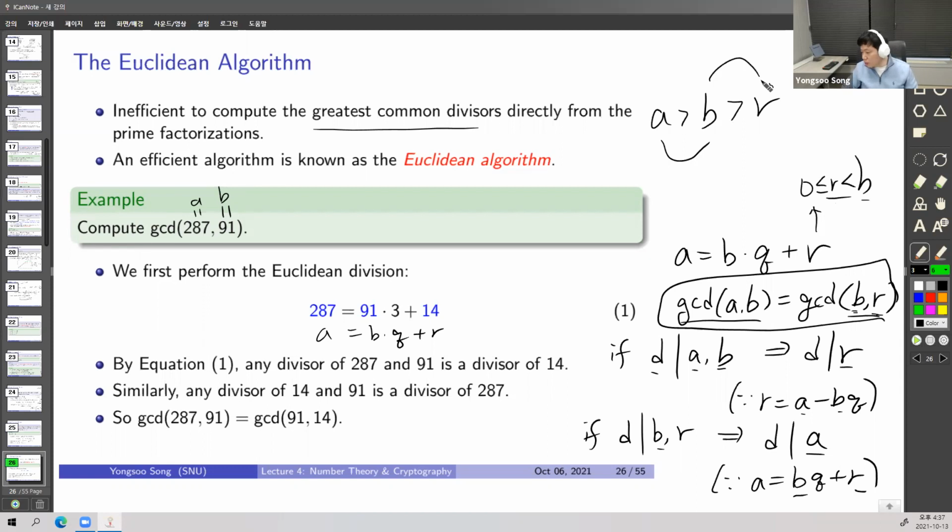And another good property of the Euclidean algorithm is that it doesn't require prime factorization. Computing this quotient Q and R doesn't require any property of a prime. You just need to compare the size of A and B and take a quotient of them. So it can be done very efficiently using a simple division algorithm.